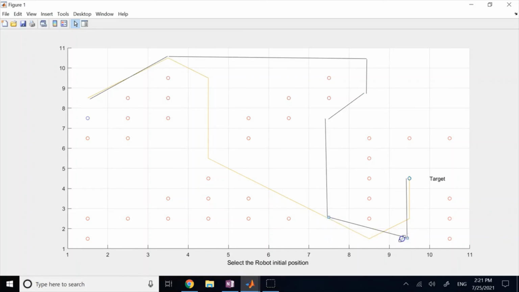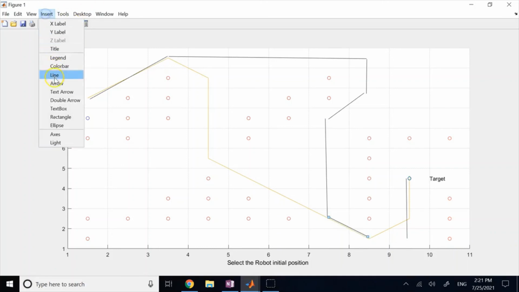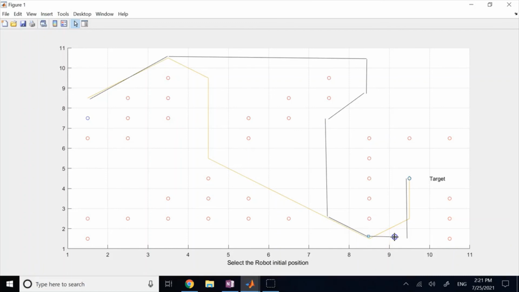Something like that, and then this one. If I made the wrong choice and I went in the direction of the black path, that is a little bit longer than this orange path, right?